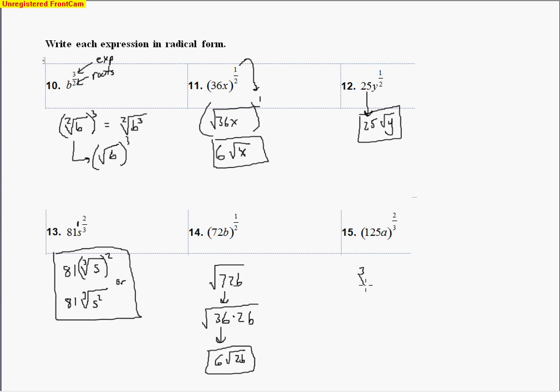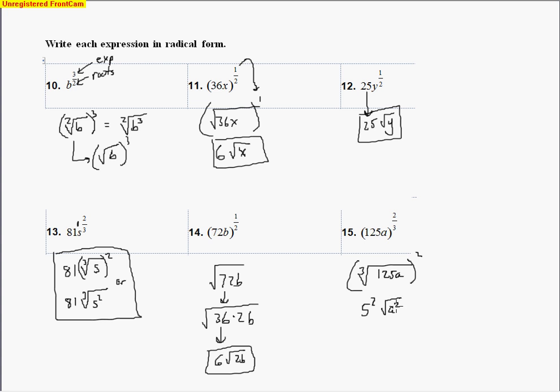And so I'm looking for the cubic root of 125a, and then I'm going to end up squaring this answer. And so when I do that, the cubic root of 125 is 5, and then I've got to square that. Then I've got a squared underneath the radical sign, because I can't take the square root of that.